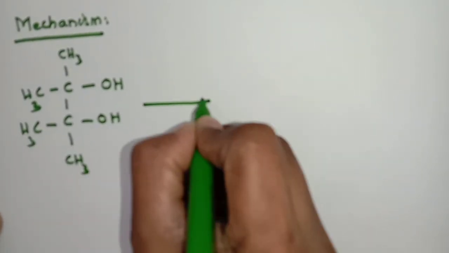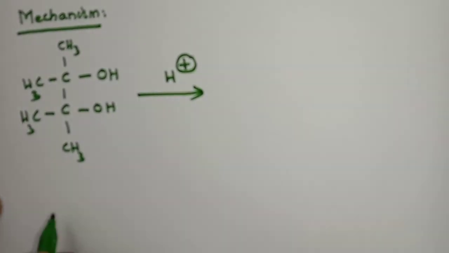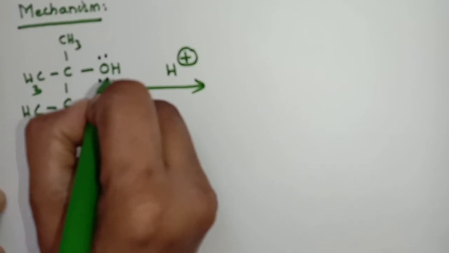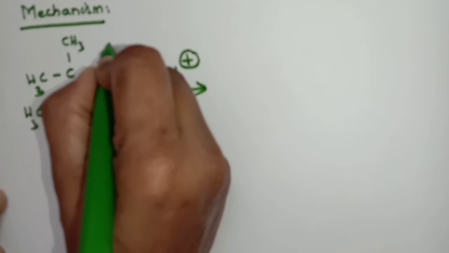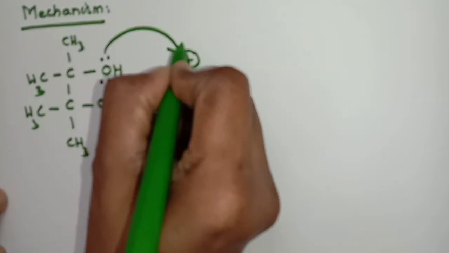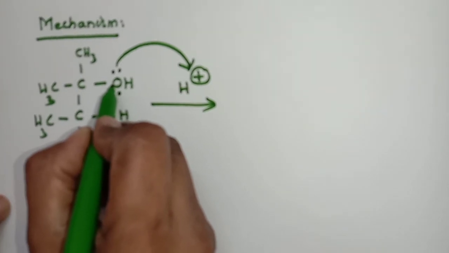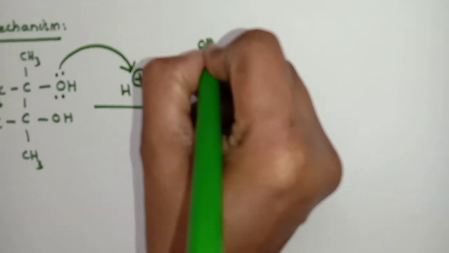It is taking place in the presence of an acid, so H plus. You all know that oxygen has 2 lone pairs of electrons. So one of the lone pairs abstracts H plus. That means now there forms a bond between oxygen and hydrogen.